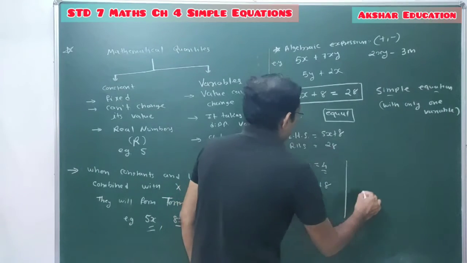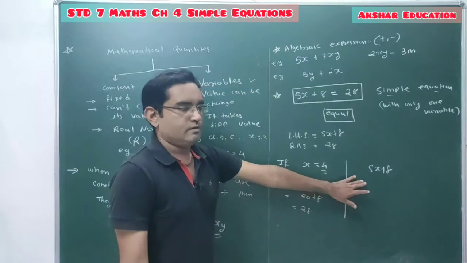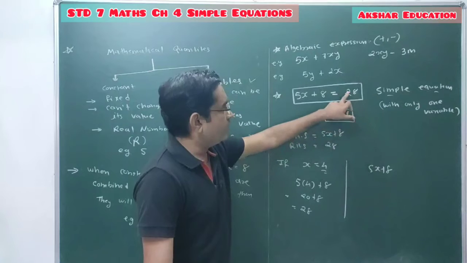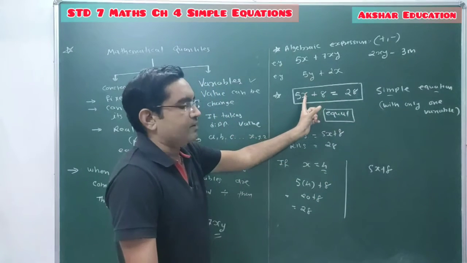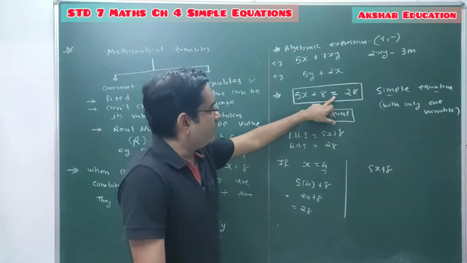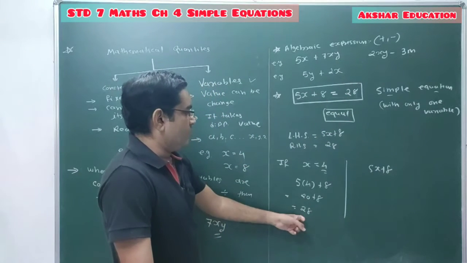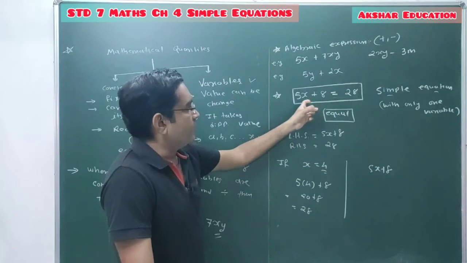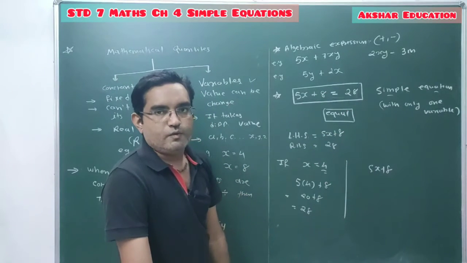So this is the condition. 5x plus 8 is one algebraic expression. By equating it to 28, we give a condition on variable x: the value of x for which the value of this algebraic expression must be equal to 28. So x must be equal to 4, and then we get 28. So this is known as one simple equation.